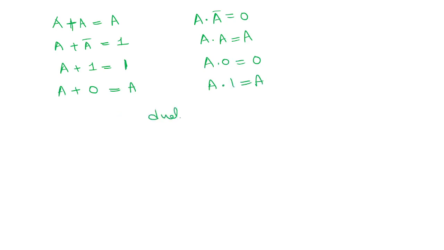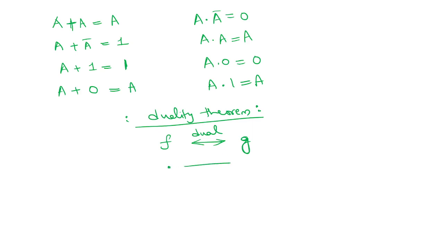Now, what does duality say? The duality theorem is very, very important in the entire Boolean algebra. F and G, which are not equal, are said to be dual to each other, or G is said to be the dual of F, when the AND operation in F is replaced with OR, OR is replaced with AND, 1 is replaced with 0, and 0 is replaced with 1.